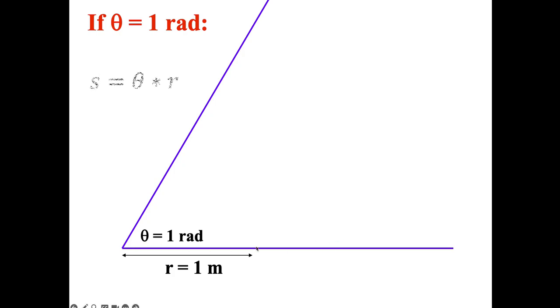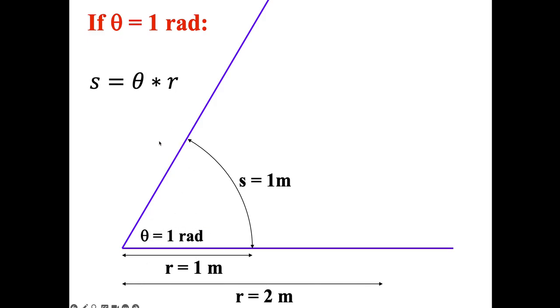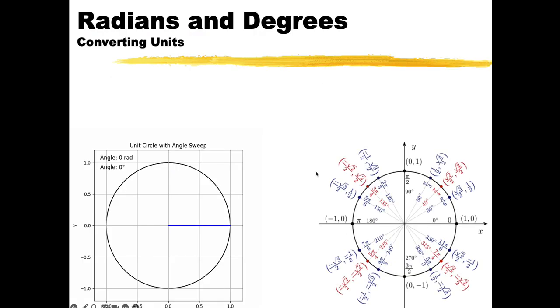At a radius of a meter, 1 times 1 is going to give me an arc length of 1 meter. Again, this is where the definition of radian comes from: if I have a radius 1 meter long, it gives me a 1 meter long arc length. So I'm going to call that an angle of 1, per that ratio. Then, of course, 2 meters is going to be an arc length of 2 meters.